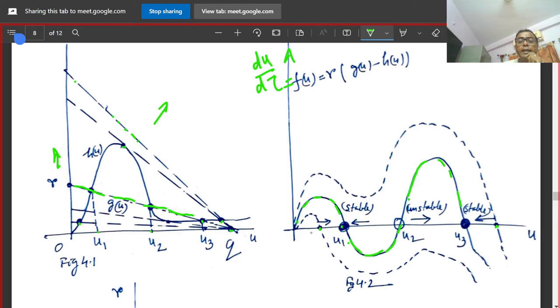So here we see that u1 is stable and u3 is stable, but u2 is unstable, and the origin is also unstable, from this graph.